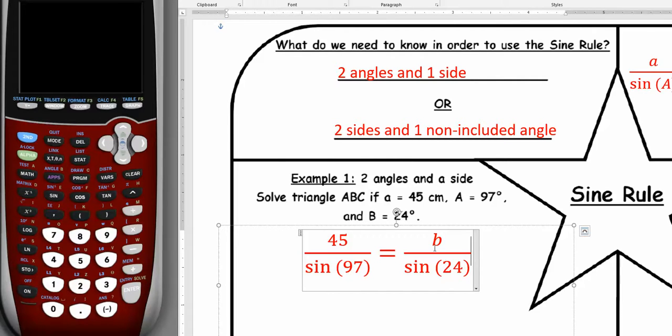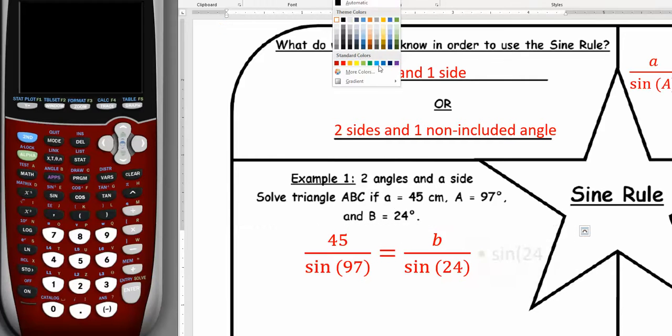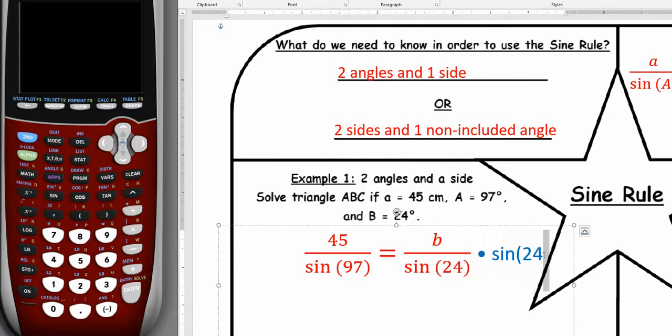To isolate little b, it's nothing more than doing the inverse operation of multiplying by the sine of 24, and then we can cancel, or factor that out, so those are gone.